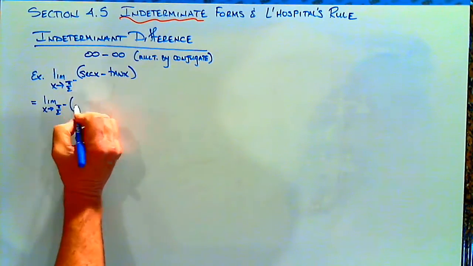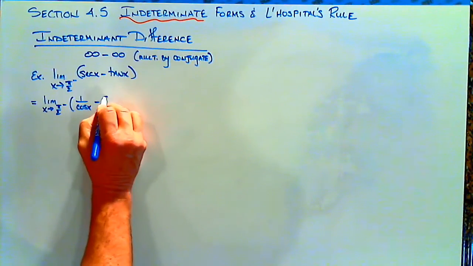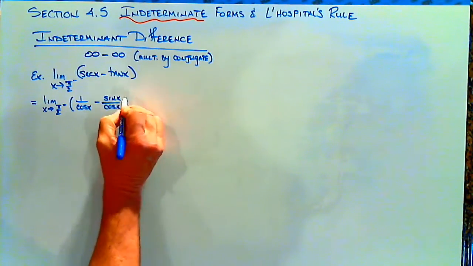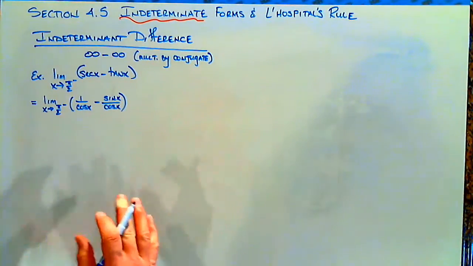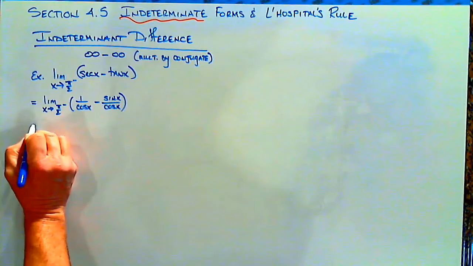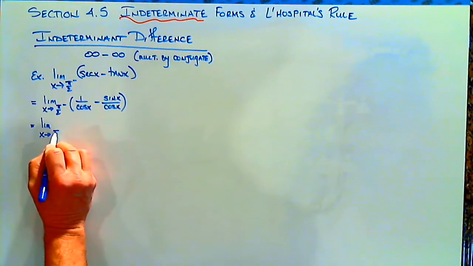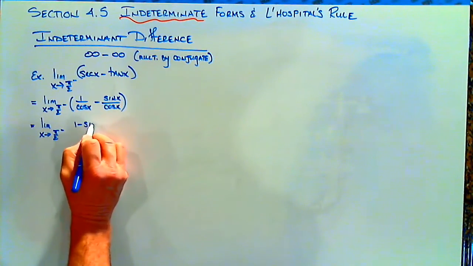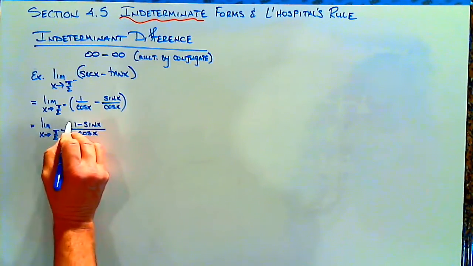This is actually 1 over cosine of x minus sine x over cosine of x. There are fractions in this problem, although they're not presented as fractions, they're there. That's a common denominator. We can rewrite this as the limit as x approaches pi over 2 of 1 minus sine x divided by cosine of x.